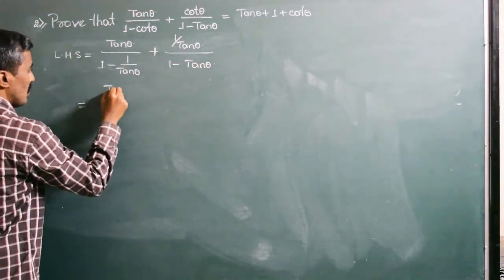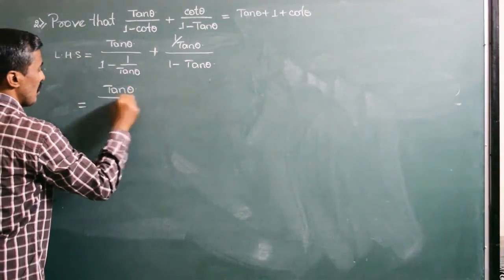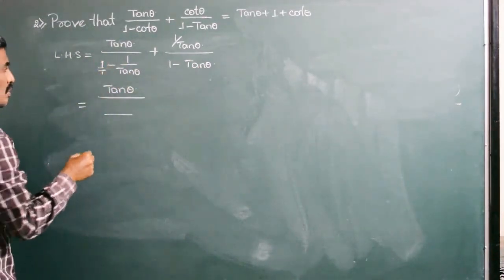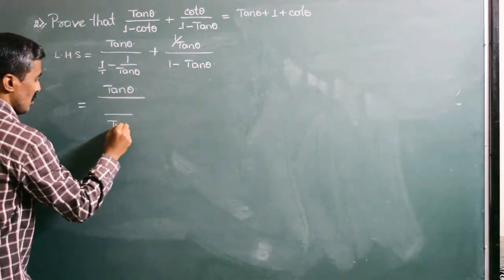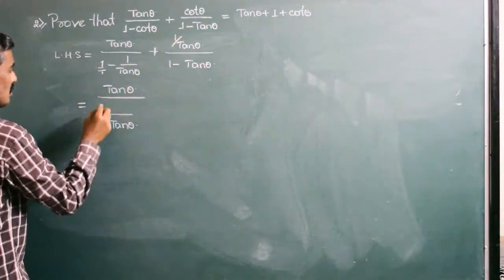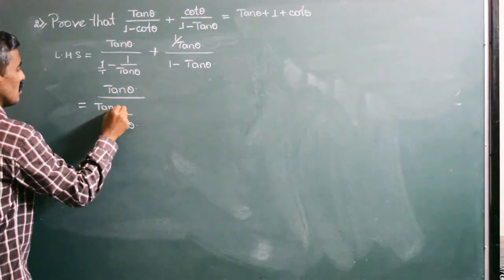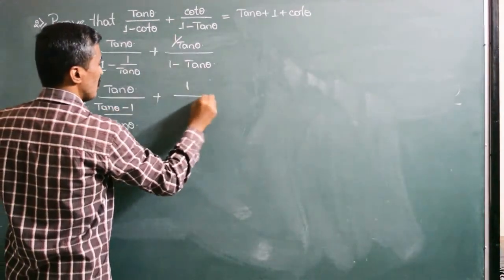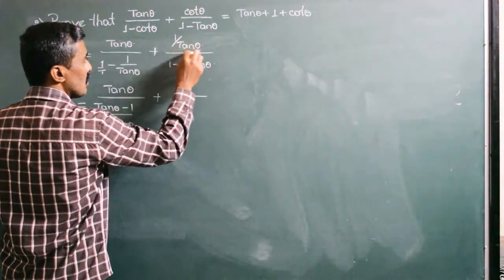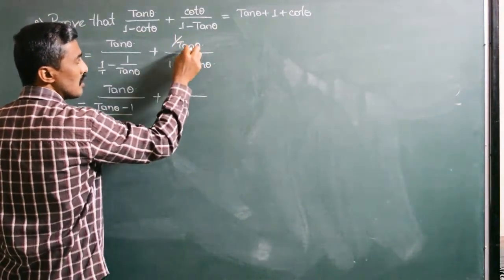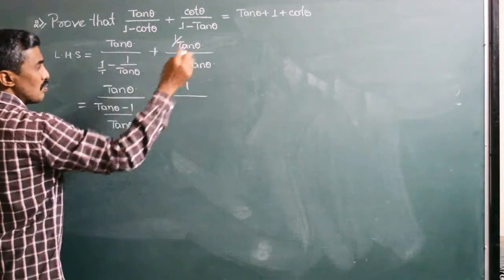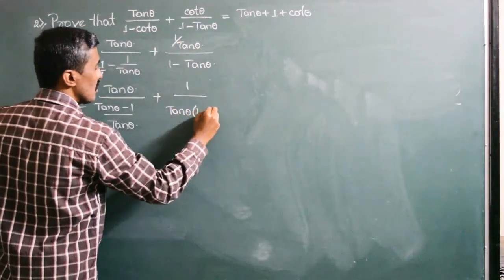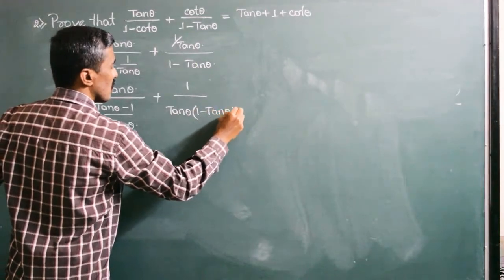So tan theta, the numerator part, as it is. Then here 1 can be written as 1 by 1. So LCM is tan theta. Then it becomes tan theta minus 1, plus 1 divided by, this tan is in the denominator, this is also in the denominator, therefore the denominator part is tan theta into 1 minus tan theta.